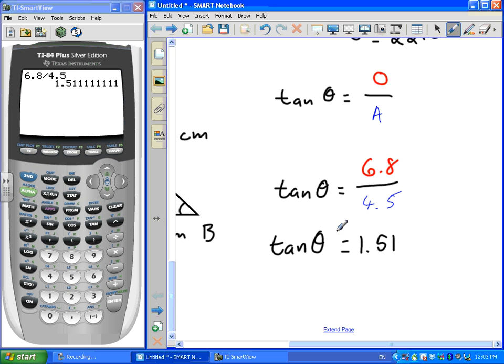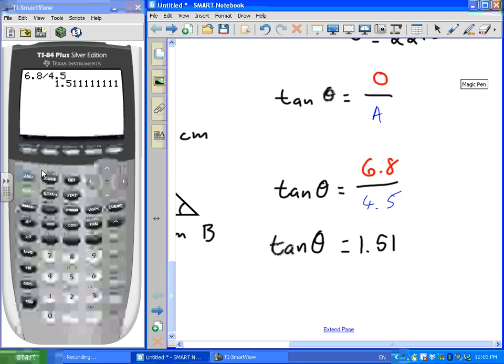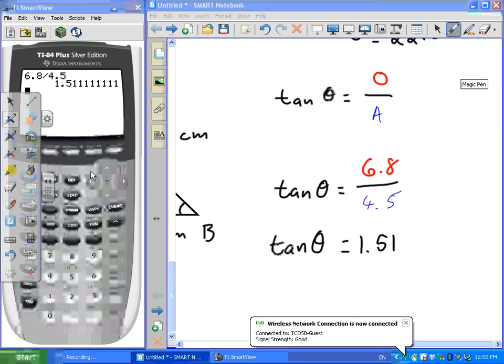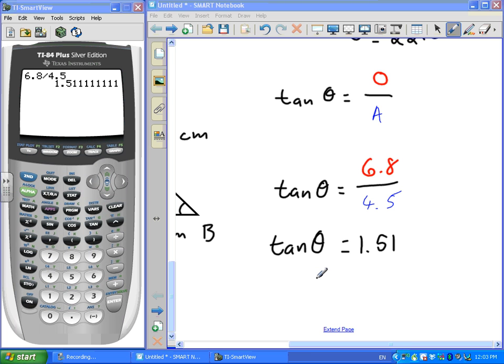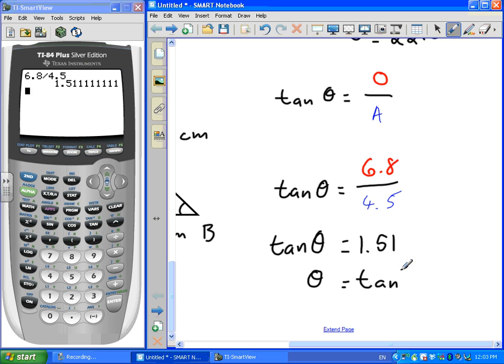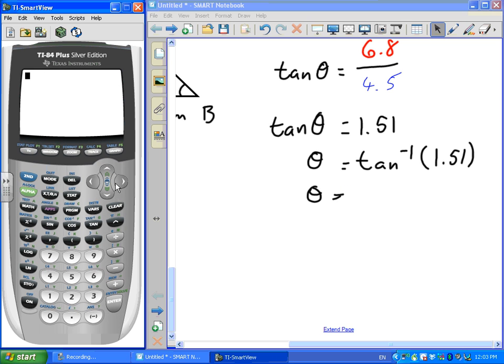But once again, I'm trying to solve for just theta. I need just theta. So I've got to isolate it. I need tan to go to the other side of the equation. So it's going to become theta equals tangent inverse 1.51. So when you go to put that in your calculator, it'll look like this.